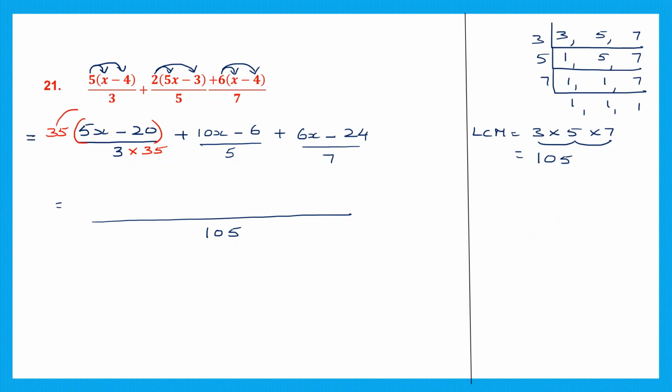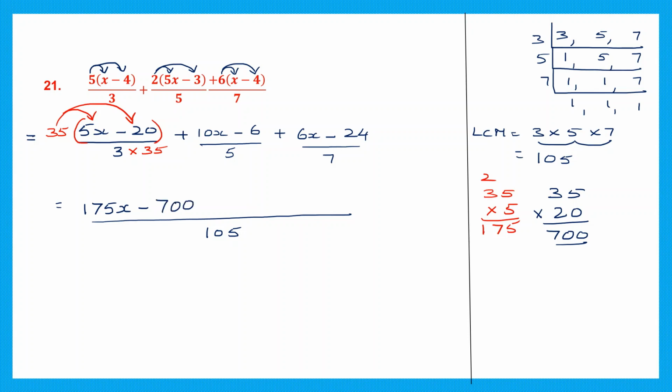So let's multiply 35 into 5x. 5 5s are 25, carry 2. 5 3s are 15, 16, 17. So here we've got 175x. Now we multiply 35 into 20. The sign is minus. We just have to do 35 into 2, that is 70, and add the 0. So we've got 700.